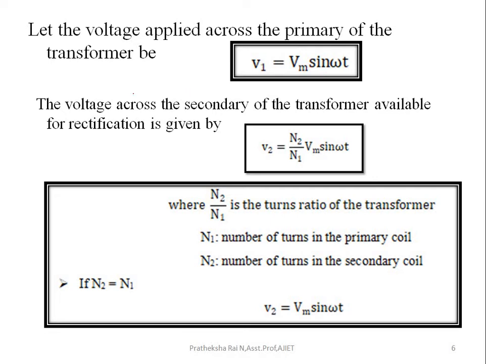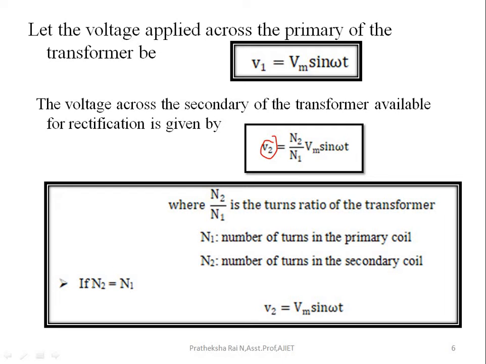The voltage across the secondary of the transformer available for rectification is given by V2 equal to N2 divided by N1 into Vm sin omega t.